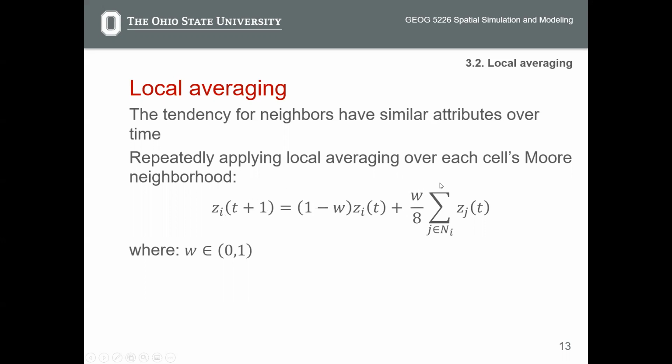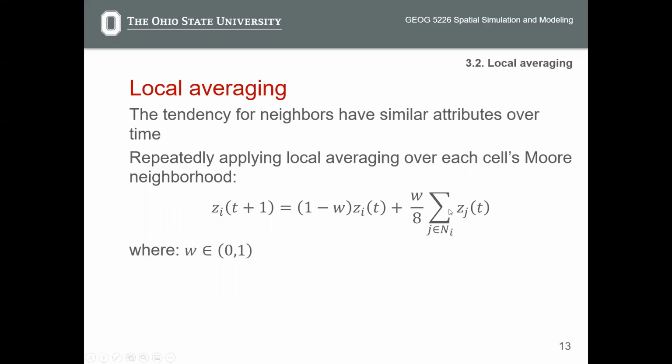On the other hand, the second term here means that we need to calculate the sum of Zj at current time. What is Zj? Zj represents a specific neighbor of Zi. Since we're talking about Moore neighborhood, there should be 8 neighbors.